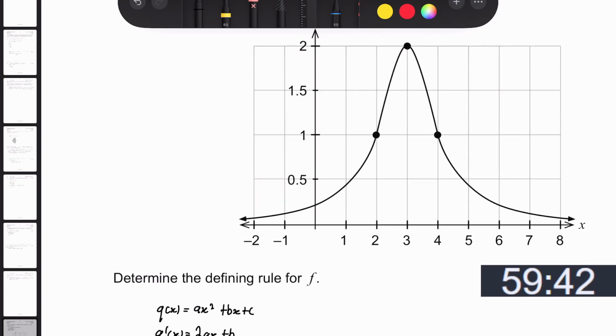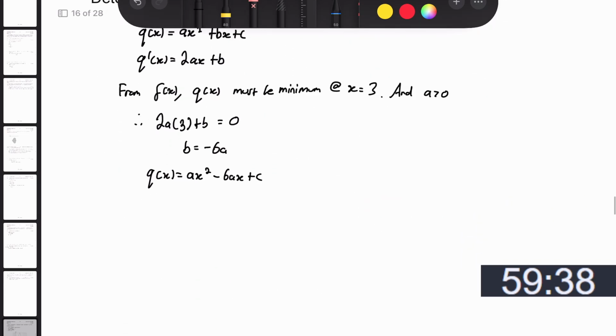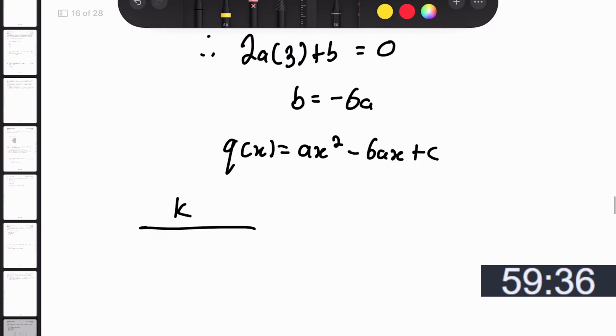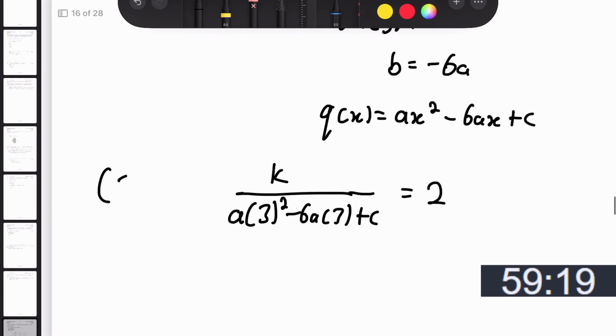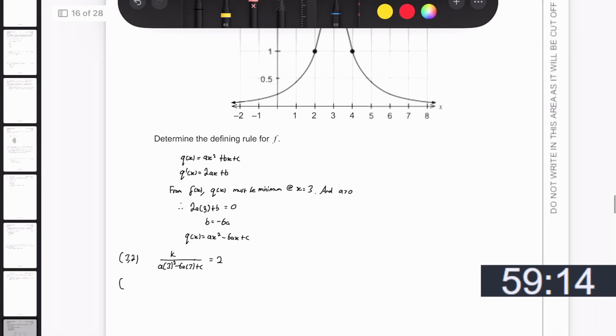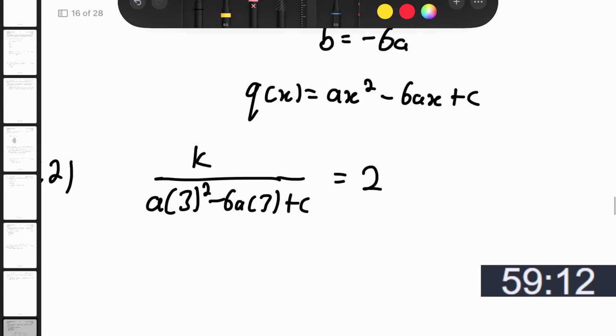Okay, so now I have a few points. So now I have that k over ax squared minus 6ax plus c, which now I have at 3, a times 3 squared minus 6a times 3 plus c is equal to 2, because this will be 0.32. And here I have another point at 2, 1.